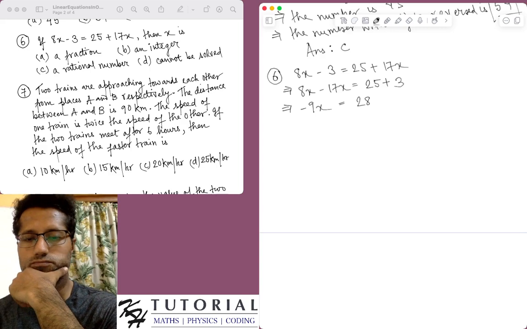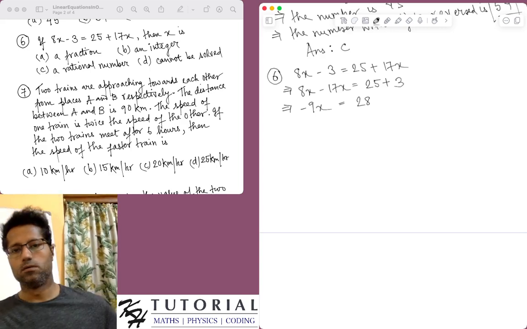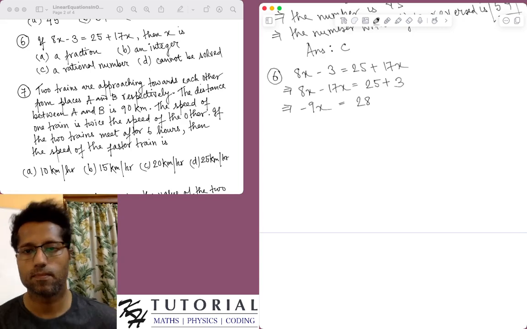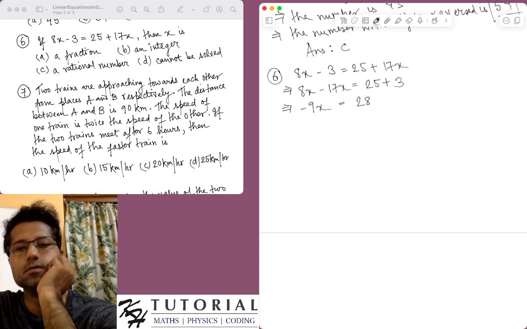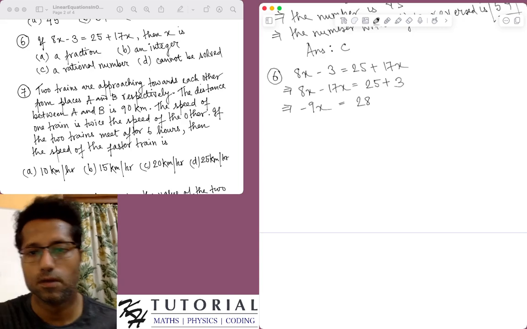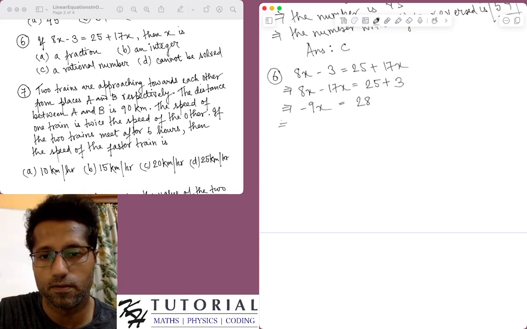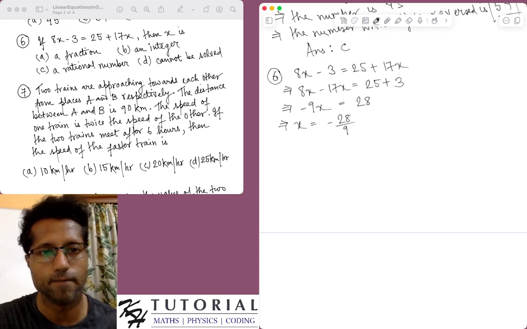Then from here we get x equals minus 28 by 9.